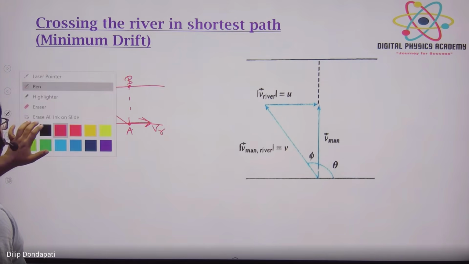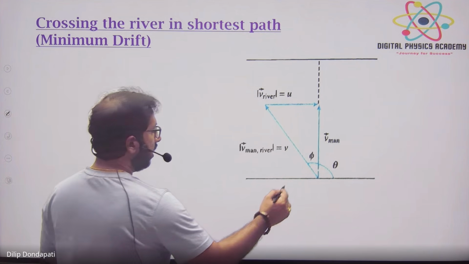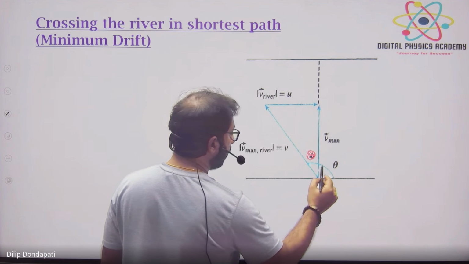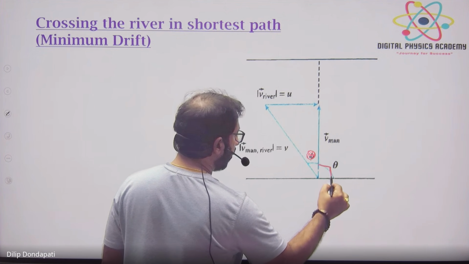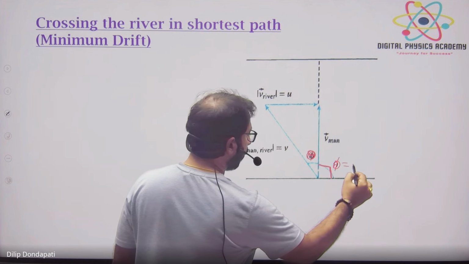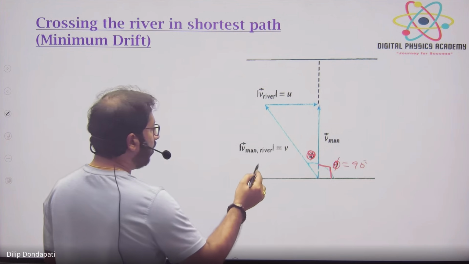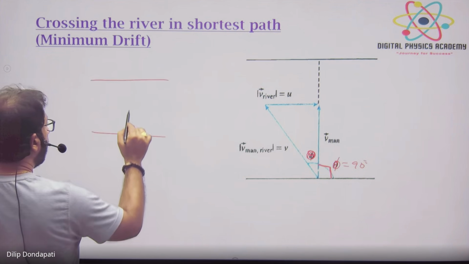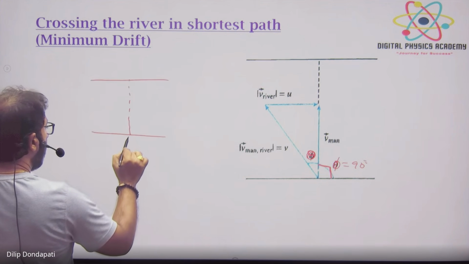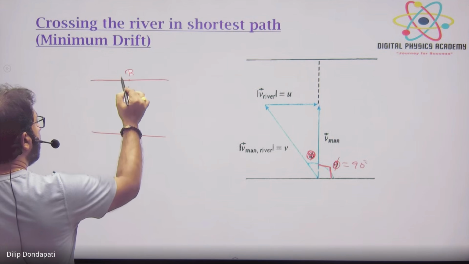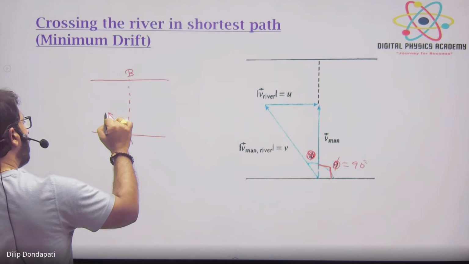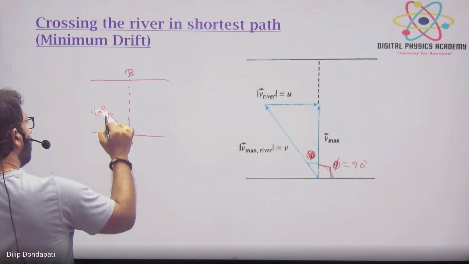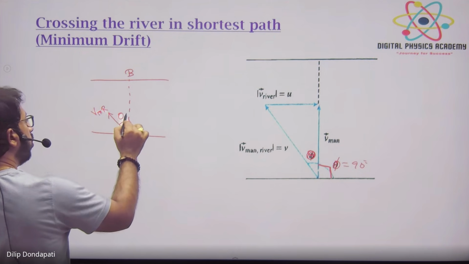Look, initially he has to start at a theta. Suppose the total is 90. Okay, see the velocity of the man, I will draw this one. This is the width, this is the point B. Initially, the velocity of the man with respect to the river is at a certain angle theta, right?